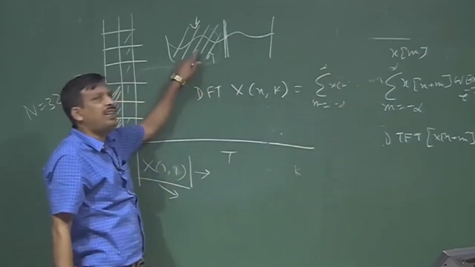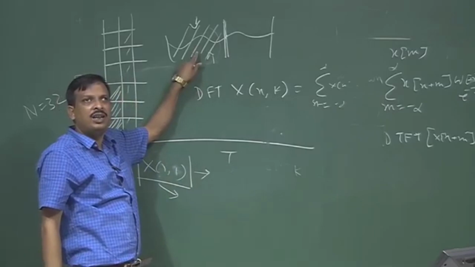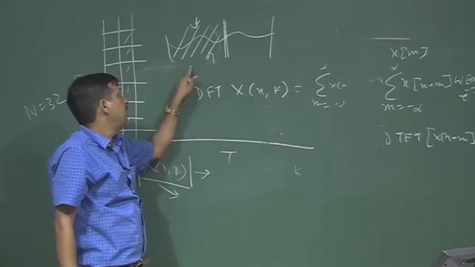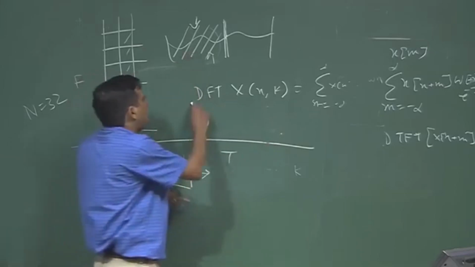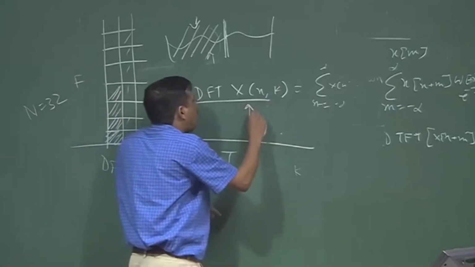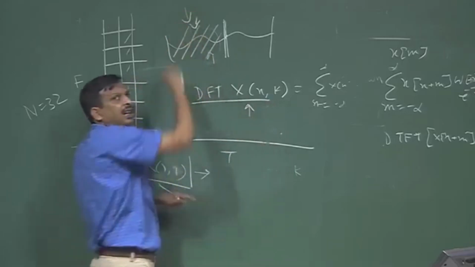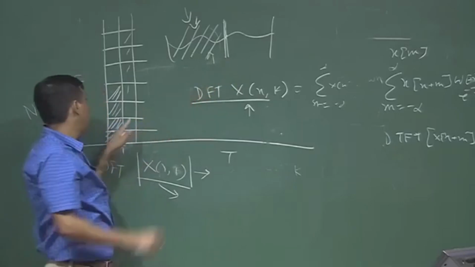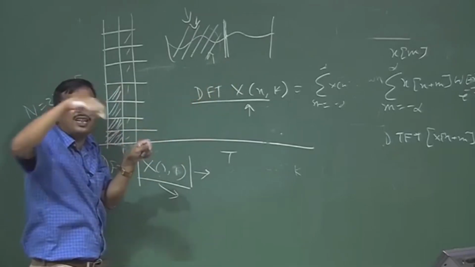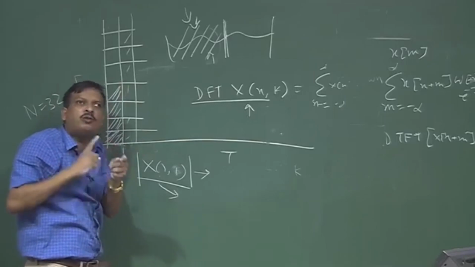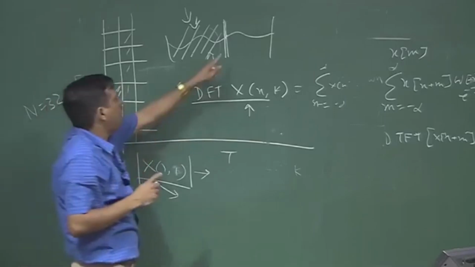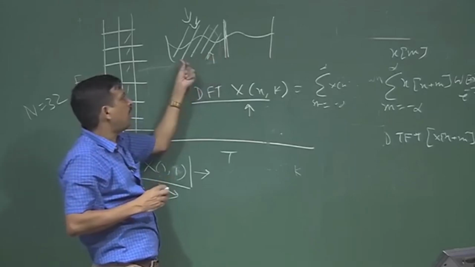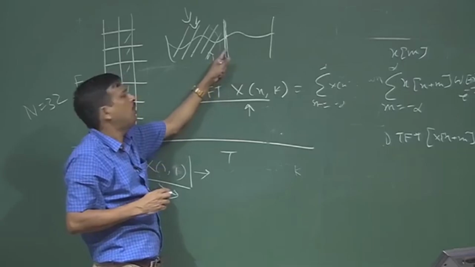So, I am multiplying a window function with the signal. In the frequency domain it will be a convolution. So, the frequency response I get is a convolution of the frequency response of the signal and the frequency response of the window. So, at the boundary there is a window effect. If I do it segment by segment, there will be a window effect.